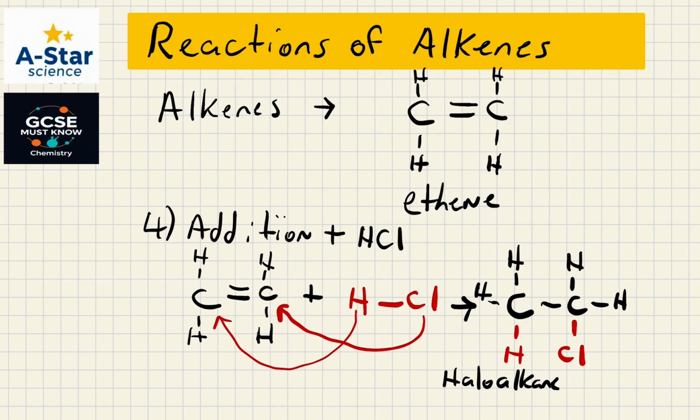In this case, we're going to call this chloroethane. We know it's an alkane because it has a single bond in between the carbons. We call it a haloalkane because it has a halogen group attached.